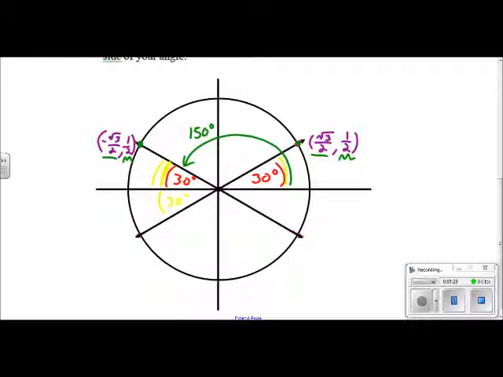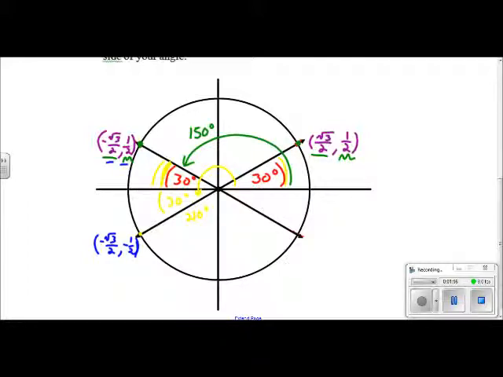Which means that in total, coming all the way around to here, this one is actually, if you remember, our 210-degree angle. Now at 210, we draw our point there. Similarly, our coordinates are going to be negative root 3 over 2, negative 1/2. It's going to be the same values as what we had up here.